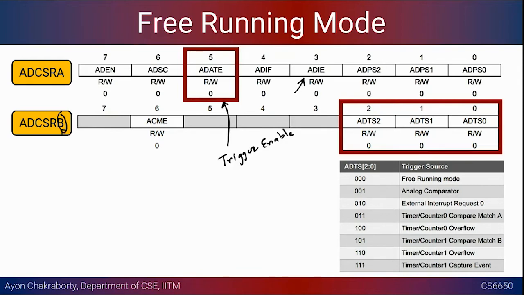Till now we were just handling the ADC SRA register, but now we are looking at the SRB register, and the SRB register primarily is responsible for choosing where your trigger enable is coming from. This is the trigger enable source.